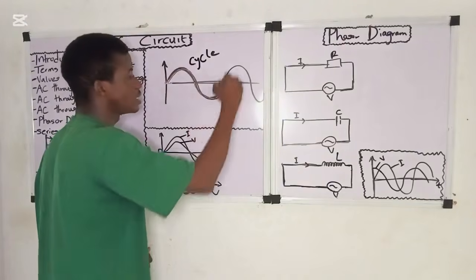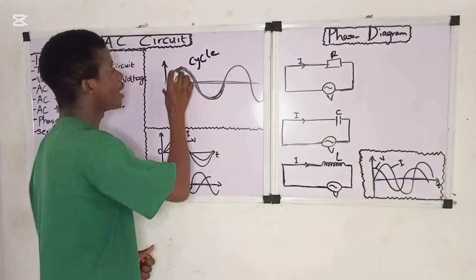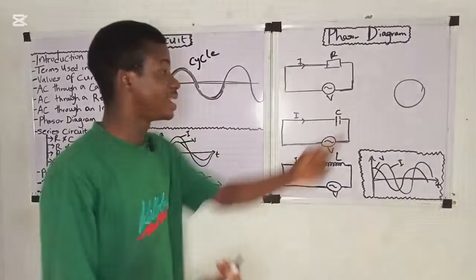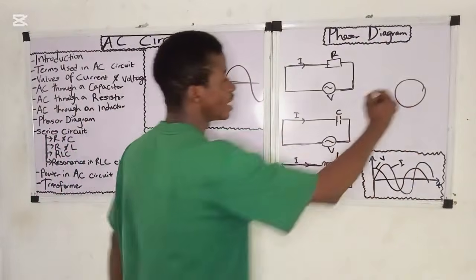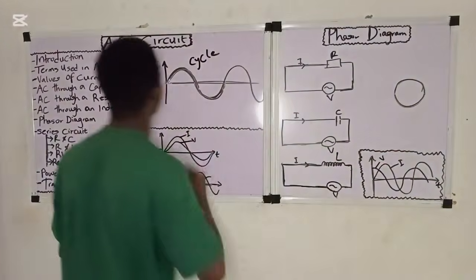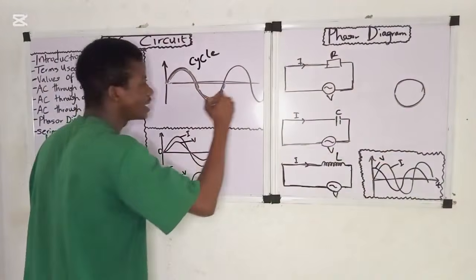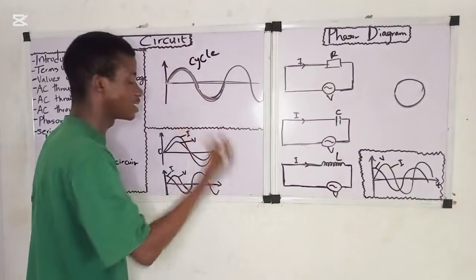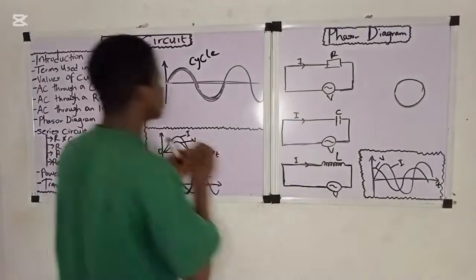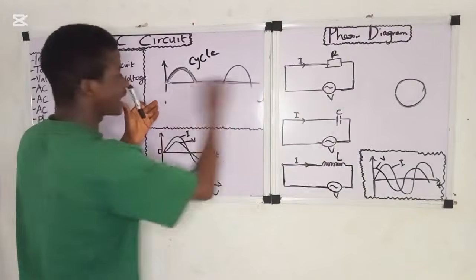If we add these two, we get a complete cycle. So a positive half, then a negative half gives us a cycle. That is cycle for you.